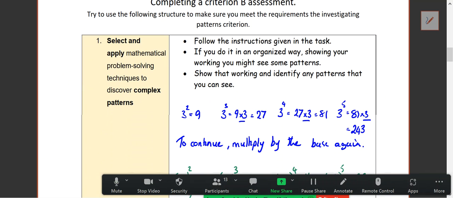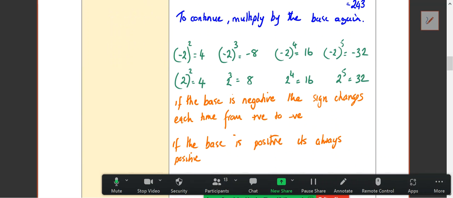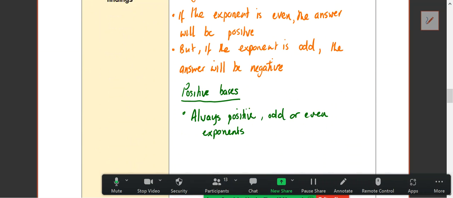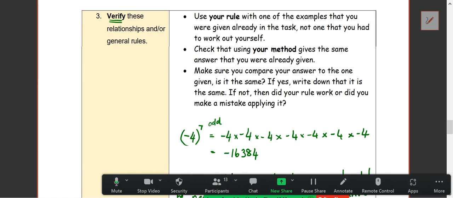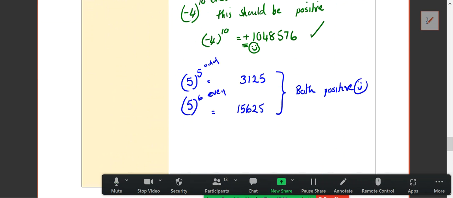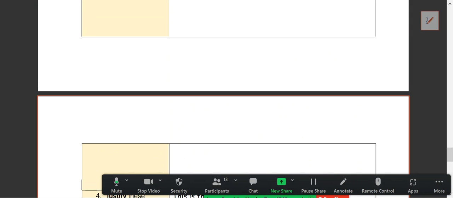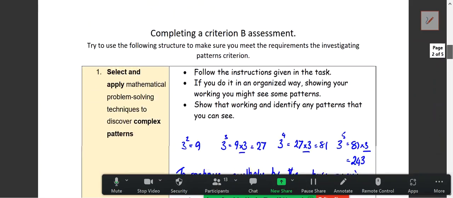Strand 1, you have to show how to work it out, but you do have to spot a pattern. Strand 2 is about explaining the pattern. Strand 3 is about verifying that your rule works. And strand 4 is justifying why it works. Now, all of this is a level 7 or 8. Obviously, if you drop down the levels, you'll have done less than that. Any questions on that kind of approach to a criterion B assessment?